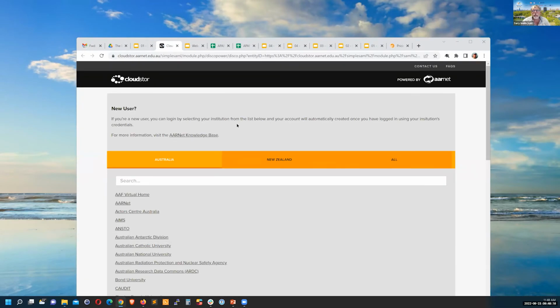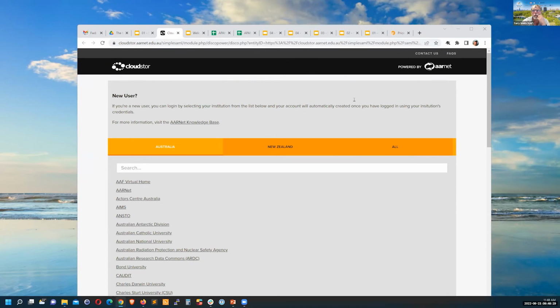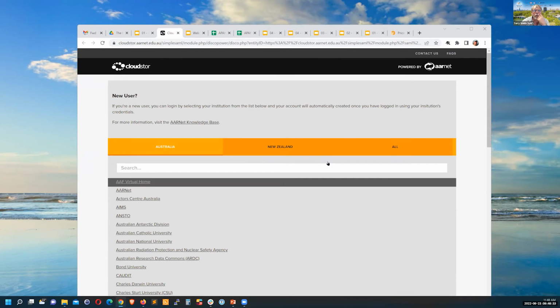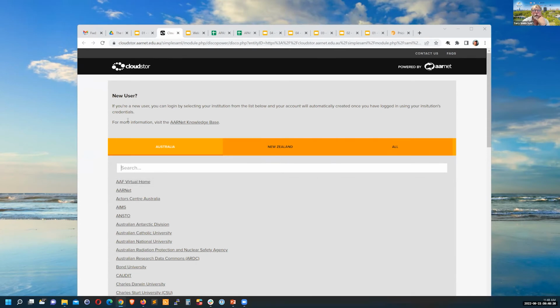And I take it you can now see Cloud Store. Okay, we can assume that you can still see Cloud Store, and I'm still connected to this particular window. So as a user, if I were to log into Cloud Store, I'm from Australia, so I'll click on the Australian link.